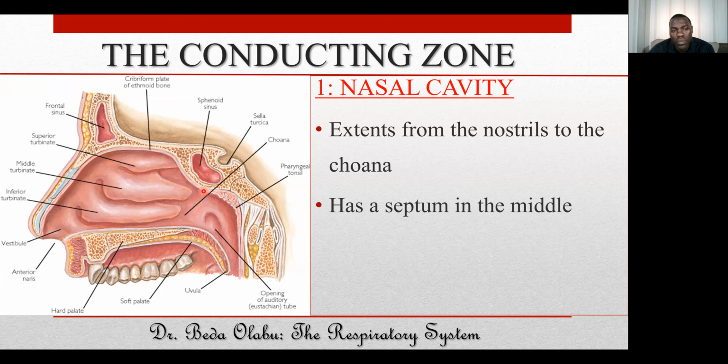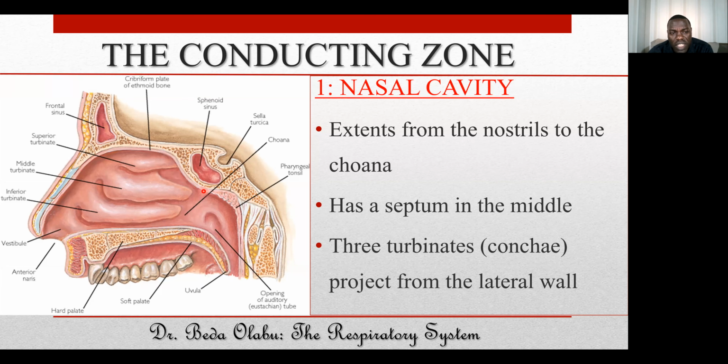The lateral wall of the nasal cavity contains three bony projections. These three bony projections are known as turbinates or conchae. They are bony projections which are lined by mucosal membrane, which are lined by mucosa. Mucosa is just epithelium. Now, what is the purpose of these projections? These projections also increase the surface area over which air conditioning can take place.